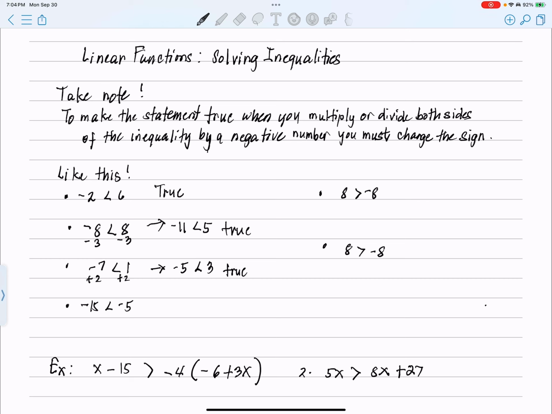Alright. We have a negative 15 less than negative 5. How about if I multiply 2 on both sides? We have a negative 30 less than negative 10. Right? And this is true.